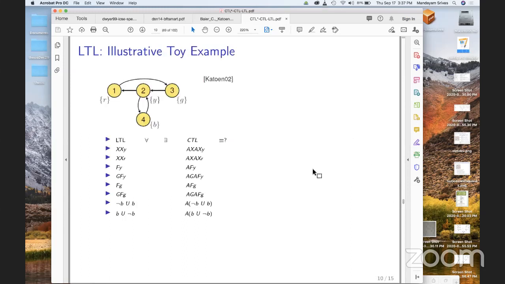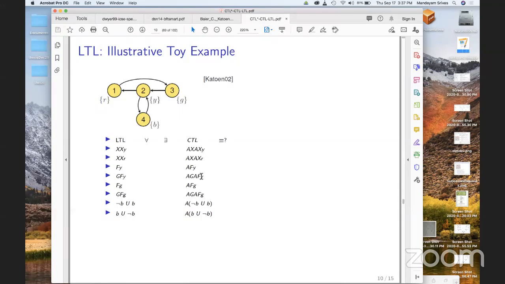This is the one that I had. We saw this, and all these LTL properties which we illustrated, I'm not going to go through this example again, except to make the point that you could specify each of these LTL properties in CTL by adding a universal quantifier, A in this particular case.